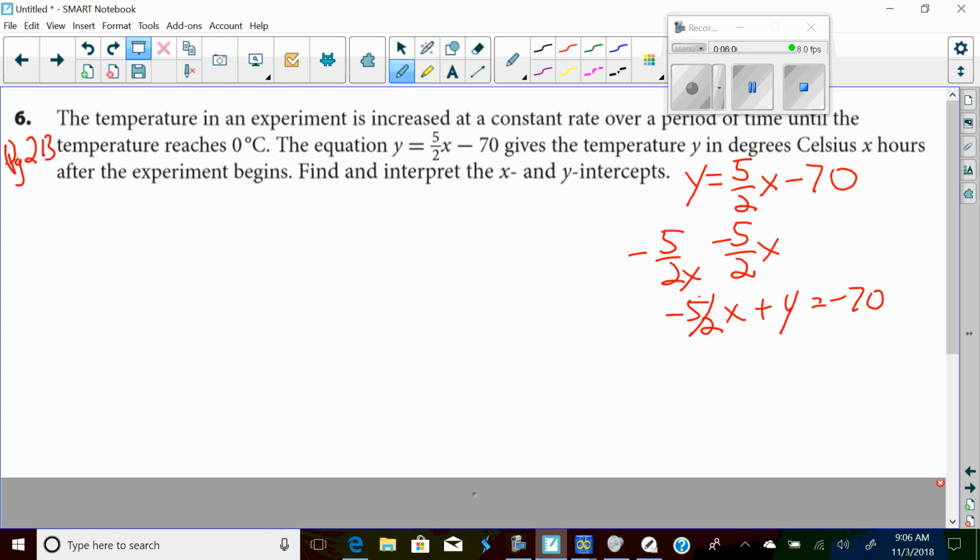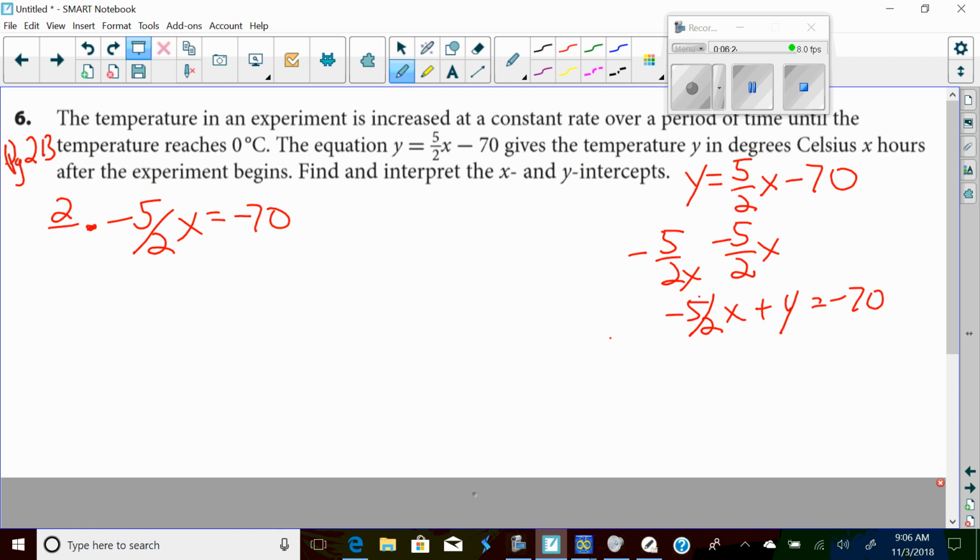All right, so I'm going to do this twice. I'm going to do it once without the y and again without the x. So first without the y, I'm going to have negative 5 over 2x is equal to negative 70. And I'm going to divide this by negative 5 over 2. And remember, when you divide fractions, you multiply by the reciprocal.